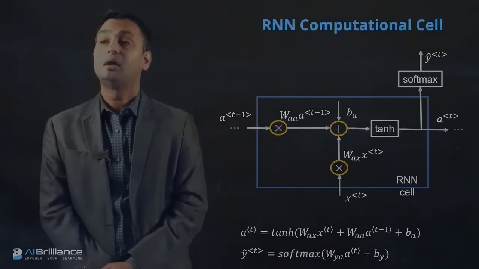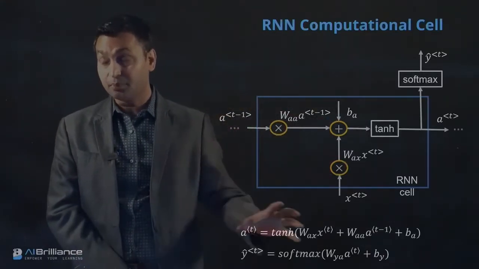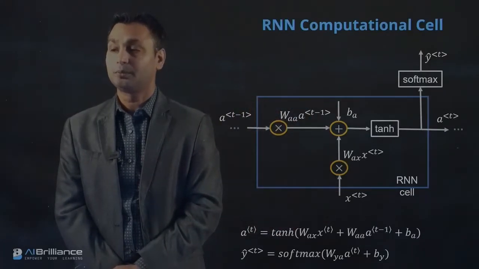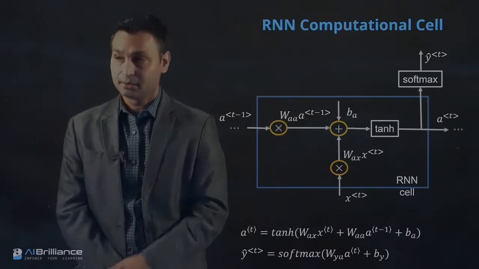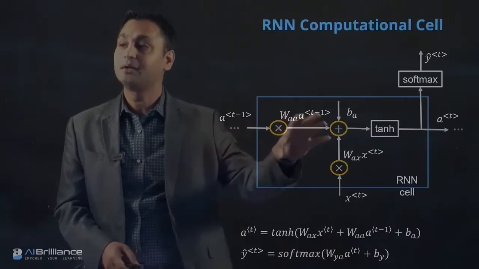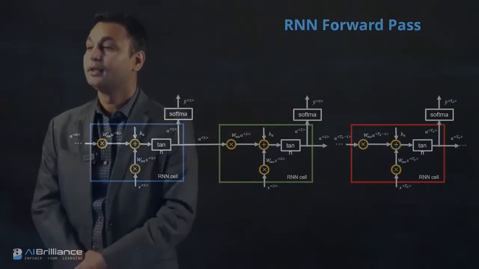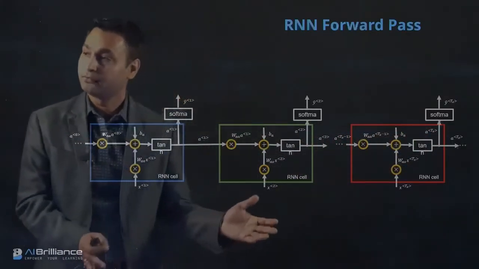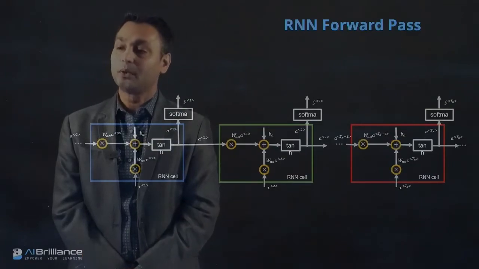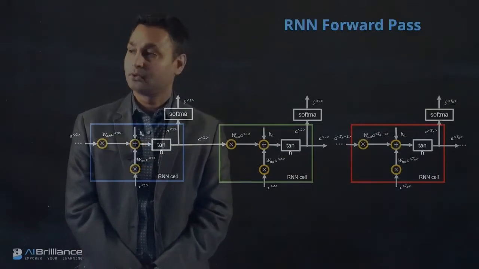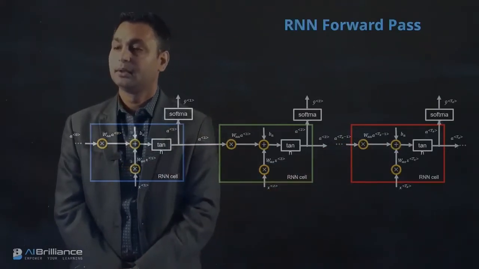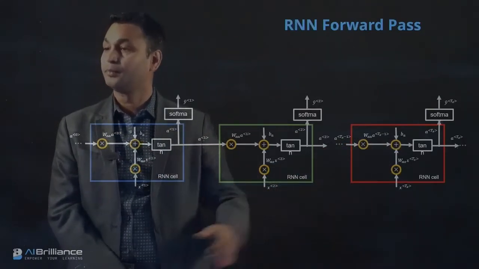So this is the computational block you will use to compute the input to output mapping for each block, and as you will see, there might be 20 different blocks, where 20 is the maximum number of words that you have in a sequence. So you have this softmax, and you essentially have these 20 different blocks.